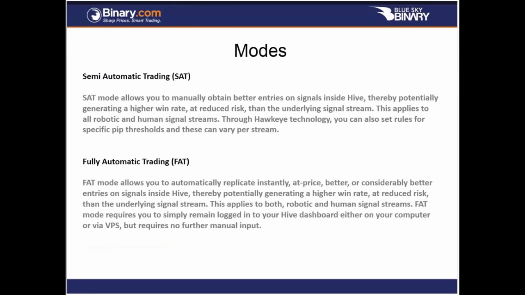With the SAT mode, you can manually obtain better entries on signals inside Hive, and thereby, depending on your knowledge and expertise in trading, you can potentially generate a higher win rate at reduced risk than the underlying signal stream. This applies to all robotic and human signal streams that we have in Hive. And through Hawkeye technology, you can also set some rules for specific bid thresholds, and this can vary per stream.